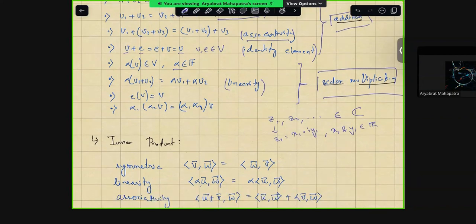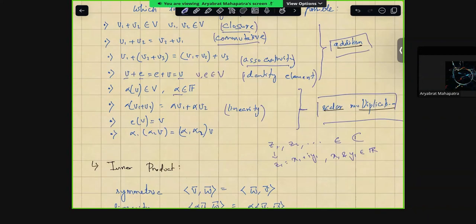So that was about what a vector space is in a nutshell. Wherever you want to understand any vector space, these properties have to hold. If any single property is violated, then it won't fulfill the conditions of a vector space and it won't form a vector space structure.